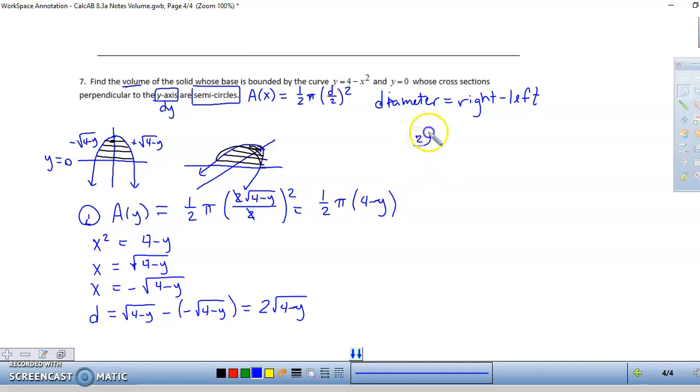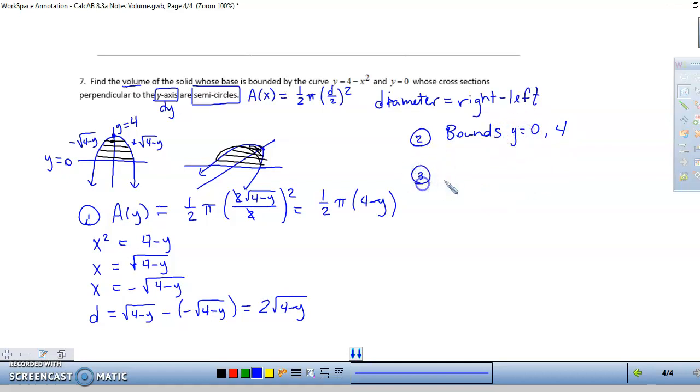Okay, the second piece is to figure out your bounds. Because we're doing y values, that's pretty easy to do because we're going from y equals 0, and then as we graphed it, we know this is going to be y equals 4. So my bounds are just going to be from 0 to 4, and those are y values.